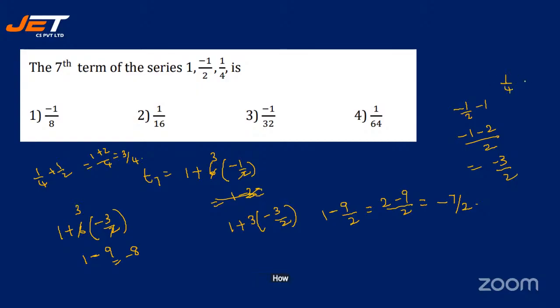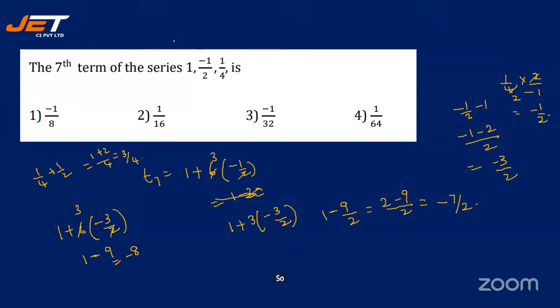How about GP? T2 by T1 is 2 by minus 1, so minus 2, and T3 by T2 is also the same. So it is not AP, it is GP, because T2 by T1 is the same as T3 by T2. Now, all the time we cannot assume our questions to be in AP.